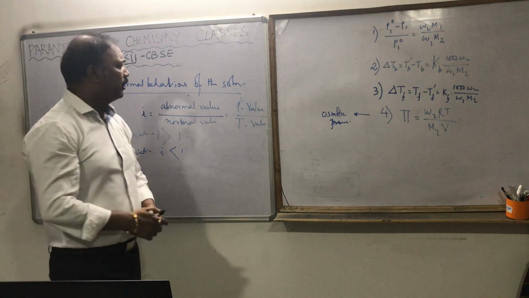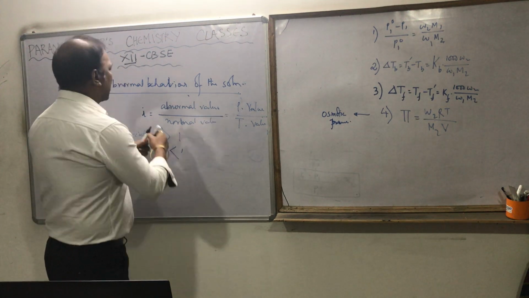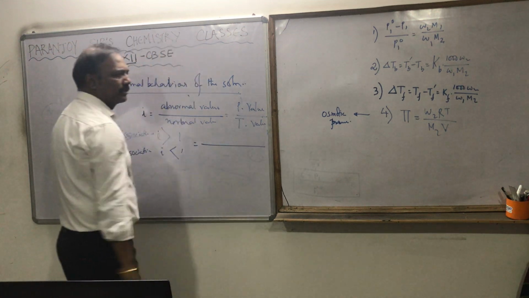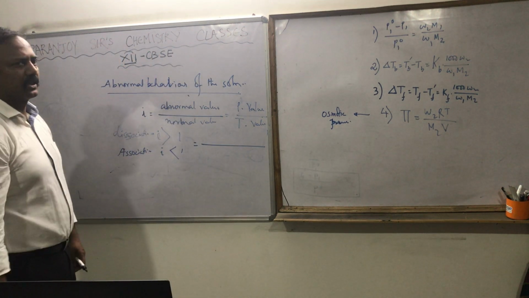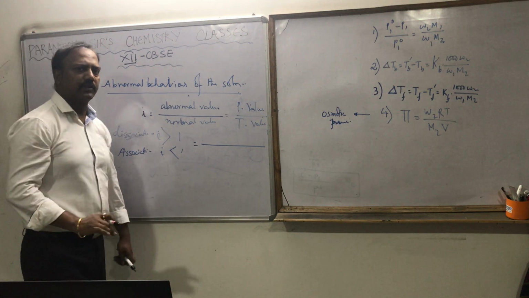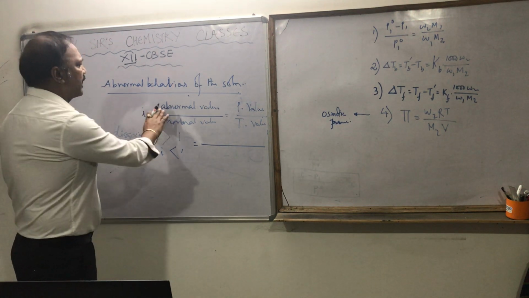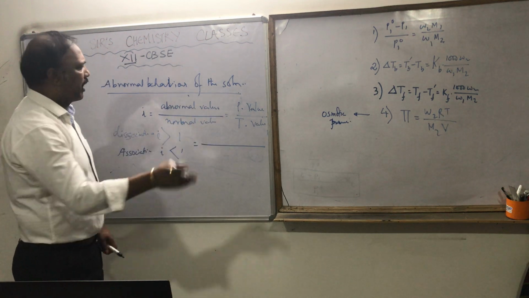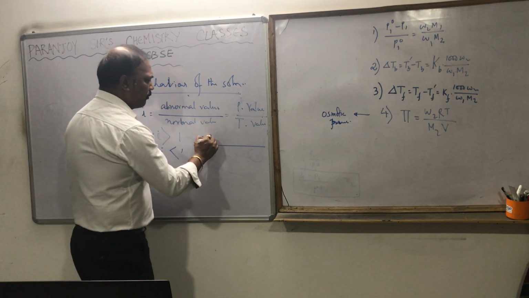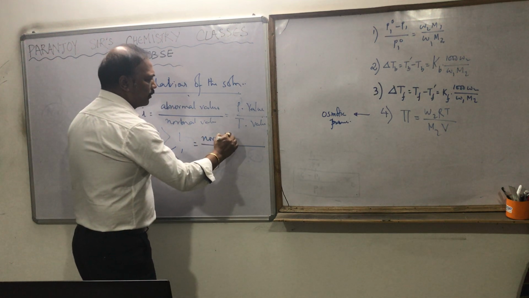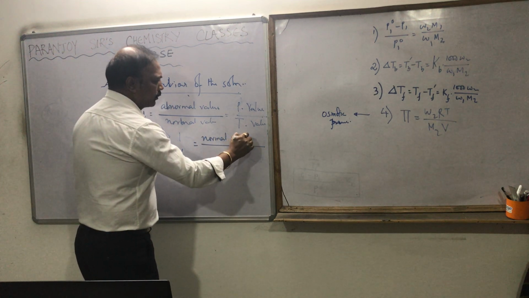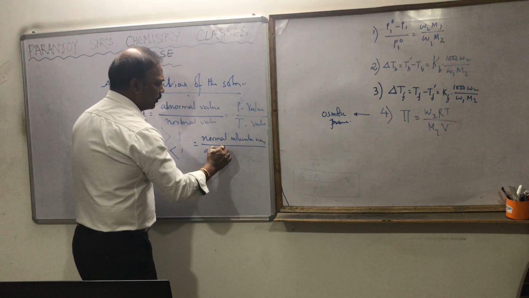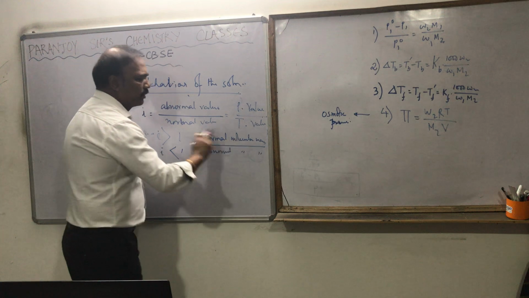Fine. Now, the value of i can also be represented as, and absolutely no confusion should be there, while I am writing abnormal value divided by normal value, in the book you might see it as normal molecular mass divided by abnormal molecular mass.